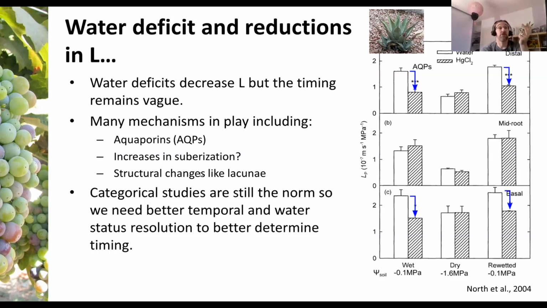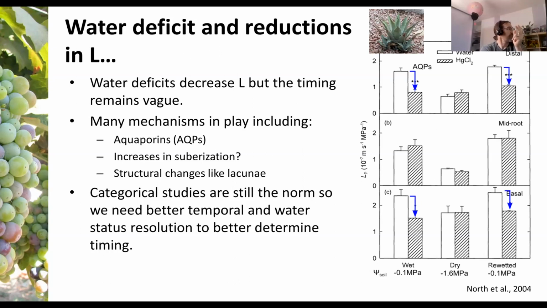And then you also get other structural changes, which I'm going to talk about next. You get this lacuna, and this is work that Idolo Cuneo and Andrew McElrone's lab has done recently that's been pretty awesome. And this may contribute to root shrinkage or just the roots basically disconnecting from the soil altogether.